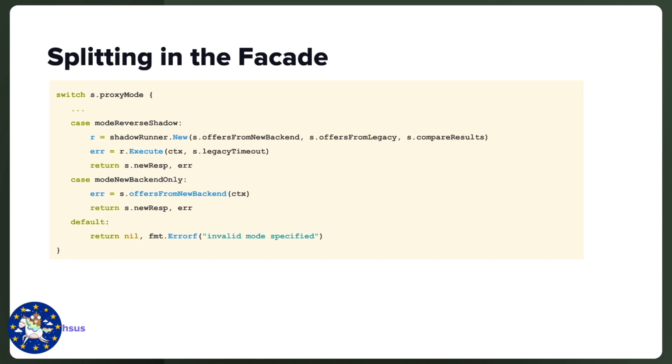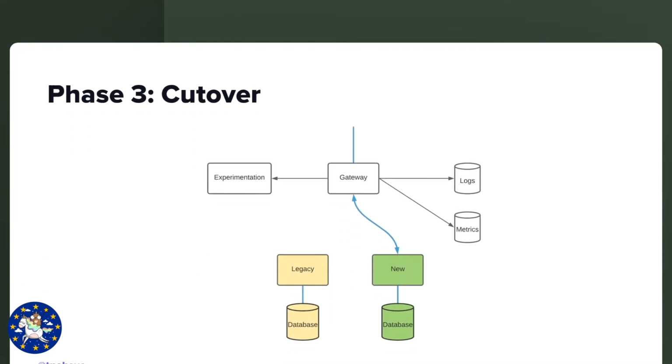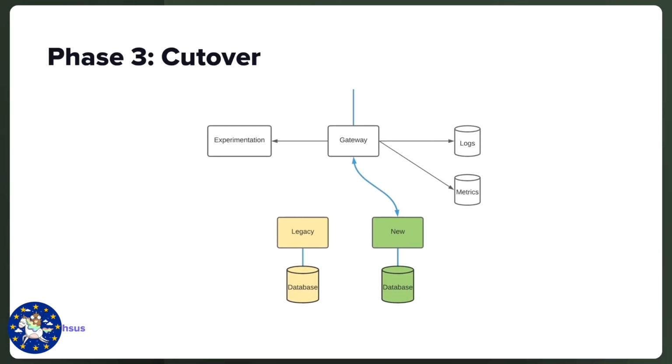We basically added more user IDs to the treatment group, and we expanded to more regions and more users. And we eventually cut over completely to the new system and then deprecated the legacy system.